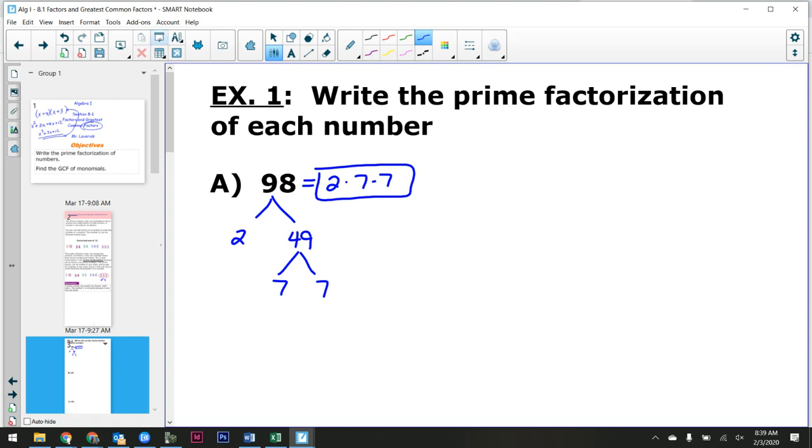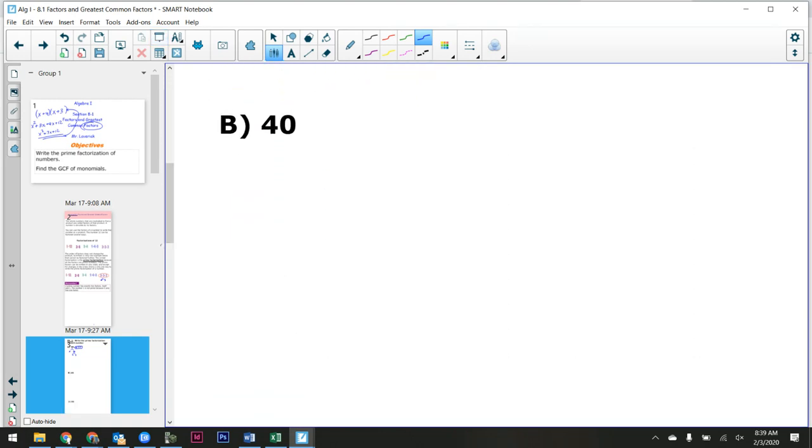Okay, let's do the next one. Let's try 40. Okay, what multiplies together to get 40? What are factors of 40? Noah? 2 and 20. Now, I heard somebody say 10 and 4. You could do that. That's totally fine. Guess what? You'll get the same prime factorization in the end.